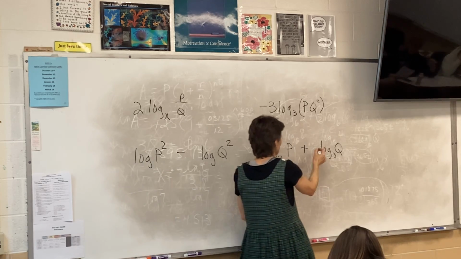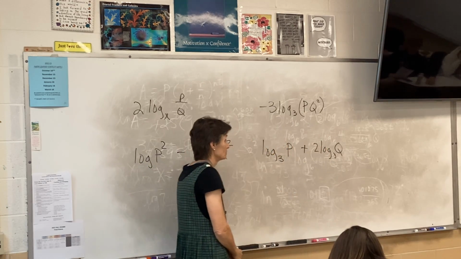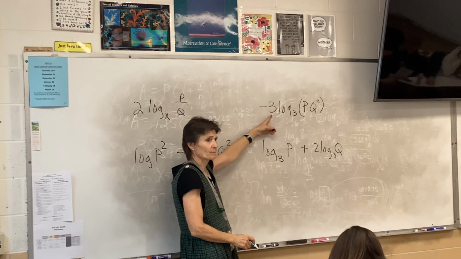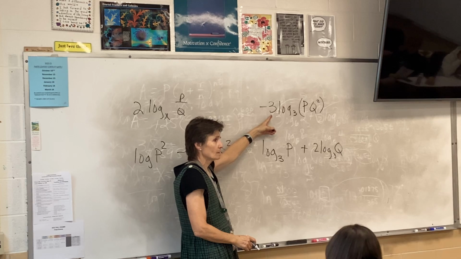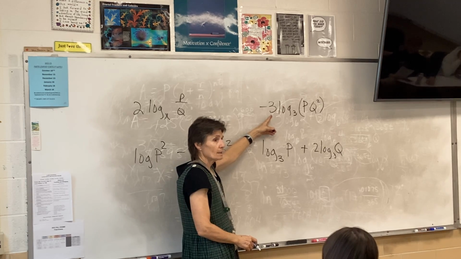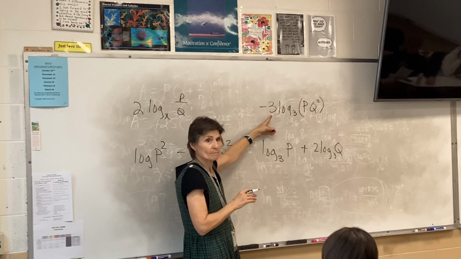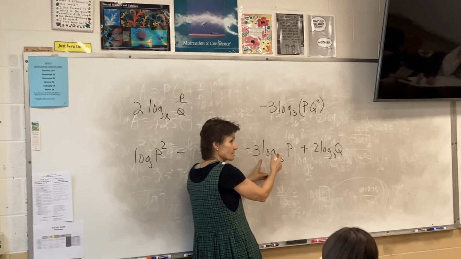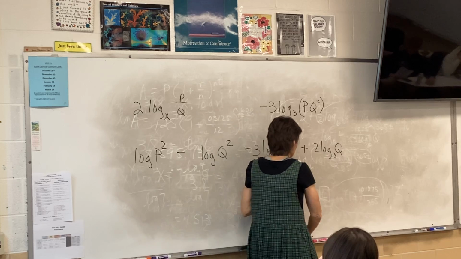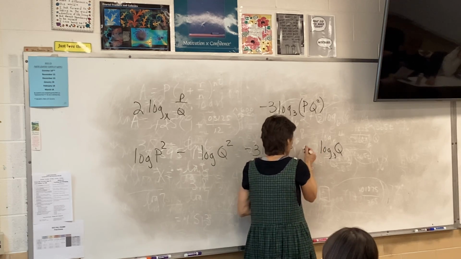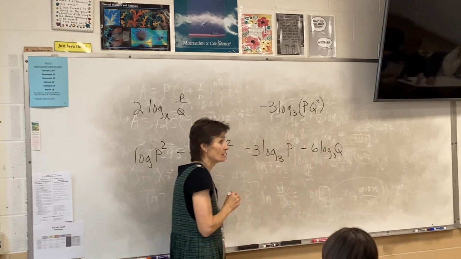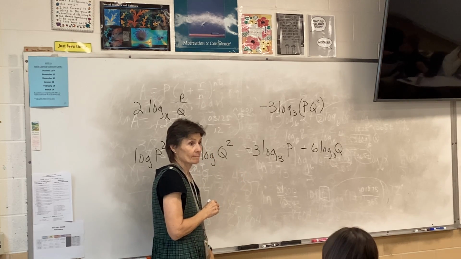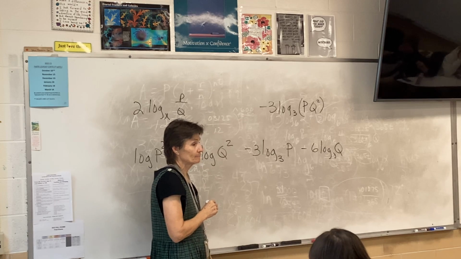There's gonna be a 2 in front of the q. What about this though? Doesn't the negative go with both of them? So doesn't that mean I'm gonna have a -3 out in front of this, and a -6 out in front of this because it's a -3 and a 2? And there's your answer to that one.